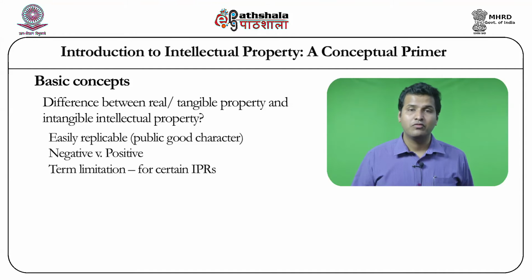That is why the term duration for patents is limited to 20 years. For copyright in India it is life plus 60 years, and for industrial designs it may vary from country to country from 10 to 15 or 20 years. So it is specific in time.